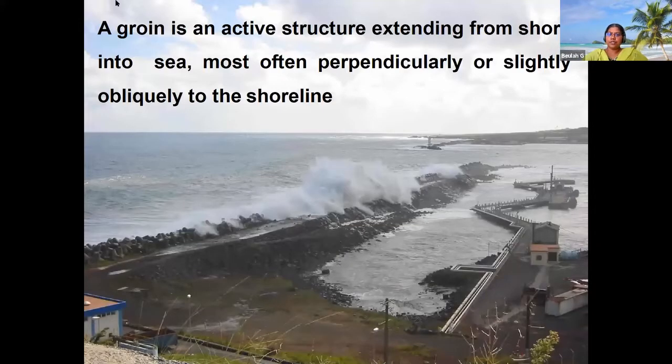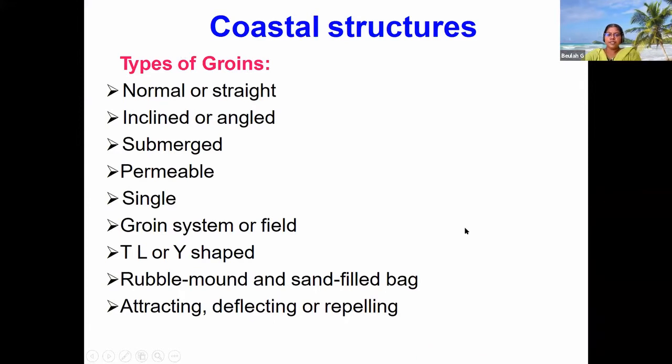So coming to the groins. When we talk about groins, here you have an active structure extending from the shore into the sea, most often perpendicular or slightly oblique to the shoreline. What are the various systems we have?